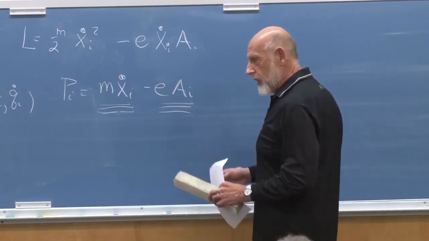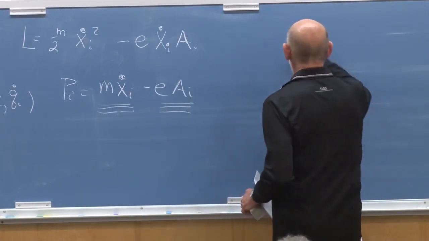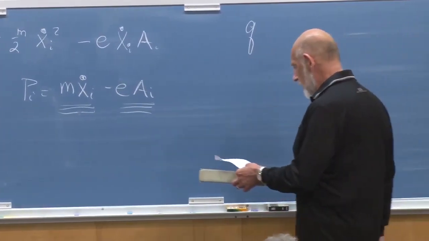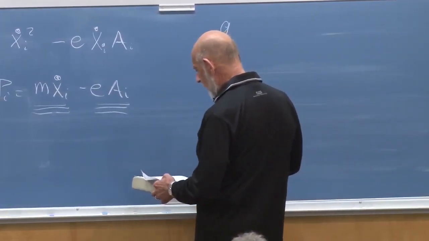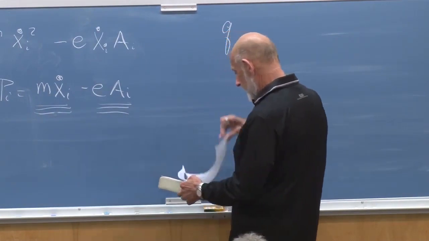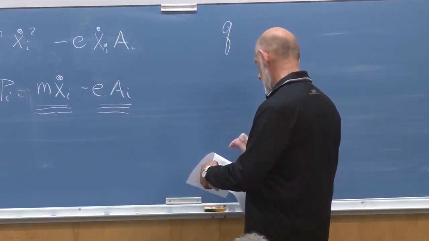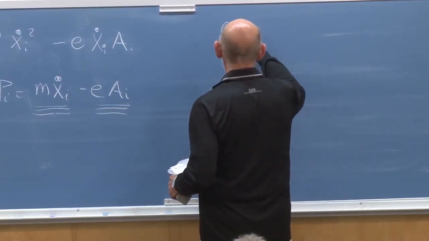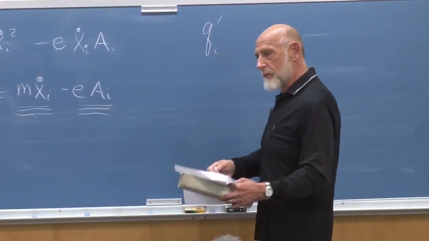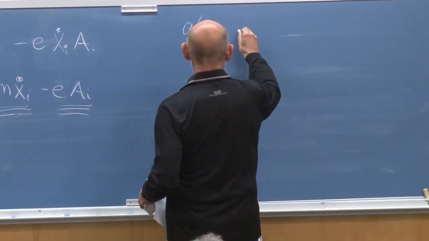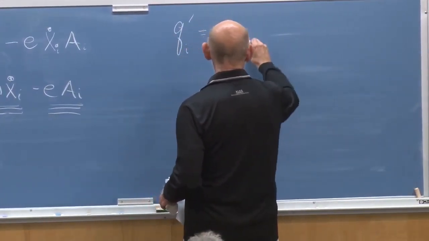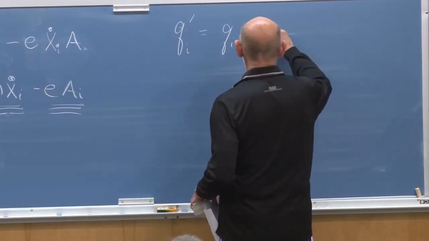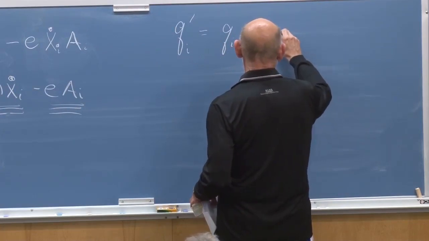If you have a symmetry so that when the symmetry operation is performed, the q's transform. Let's suppose each q, when you do the transformation, let's say q_i prime, the transformed q_i, is equal to q_i plus a small infinitesimal correction, which we can call delta of q_i.